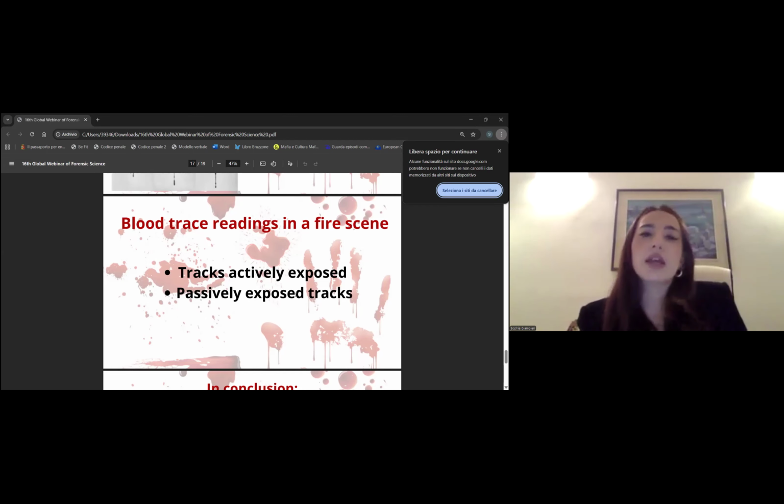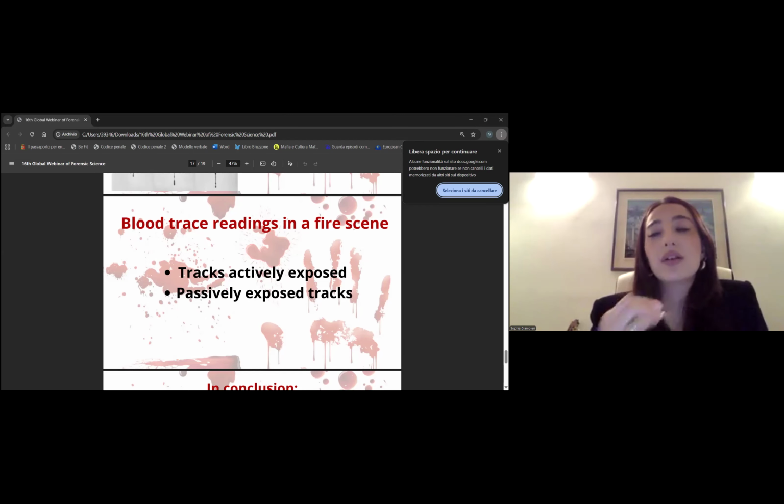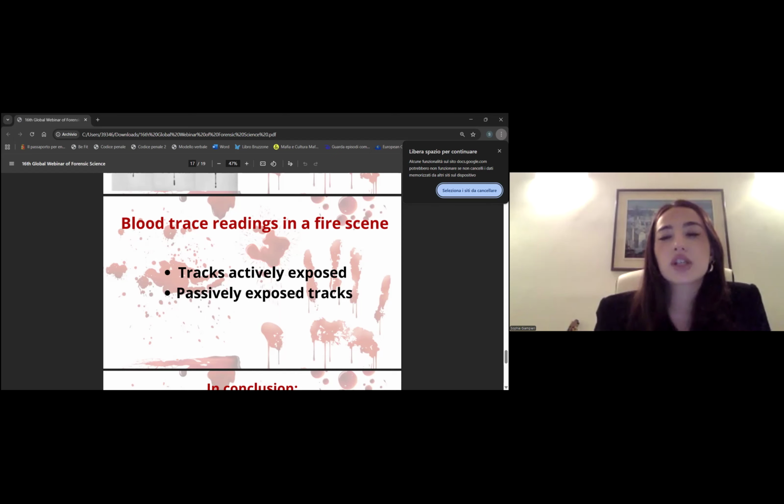In the first case, the biological traces are directly and massively affected by the fire and heat that act on the biological matrix, consuming it completely and causing profound alterations in both external and internal structure, as we said before.